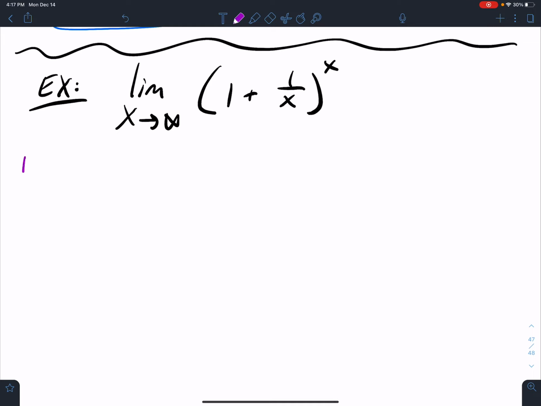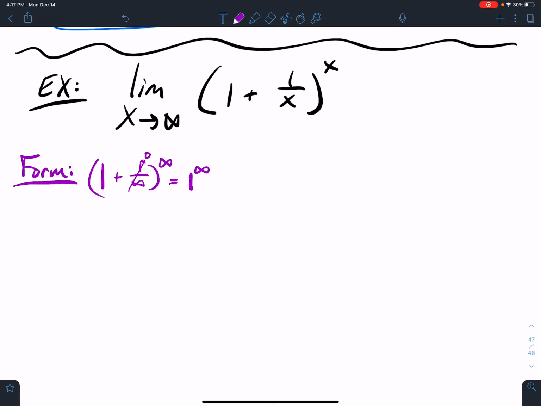So the form is 1 raised to, well, how do I know it's 1? Well, I plug in 1 plus 1 over infinity raised to the infinity. So 1 over infinity, that's going to 0, right? So this is 1 raised to the infinity. All right, so 1 to the infinity.